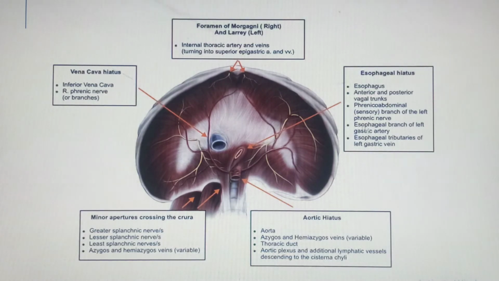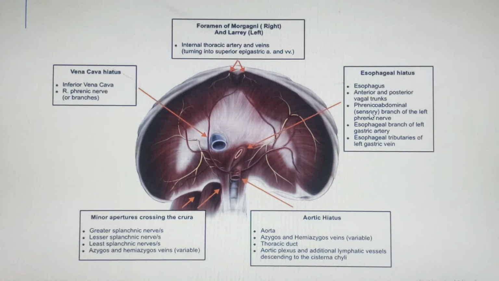If it is a 10-letter word, then the hiatus of the diaphragm which the esophagus goes through, the esophageal hiatus, is at the T10 vertebral level. Not only do we find the esophagus, but in addition we have the anterior and posterior vagal trunks.